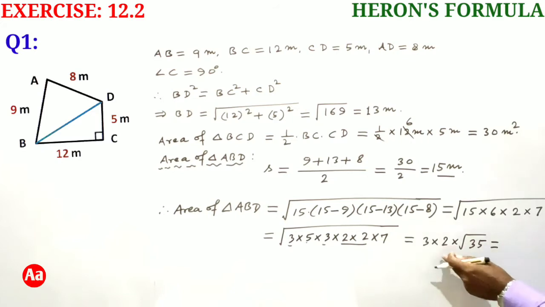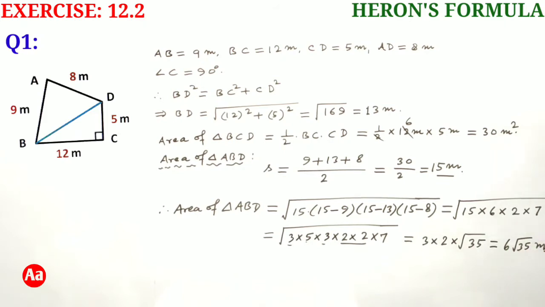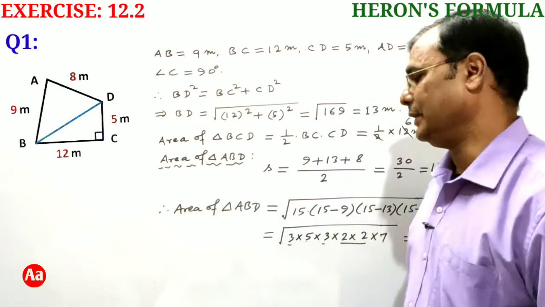So this is equal to 3 into 2, 6 under root 35 meter square, area of triangular part of the park ABD.